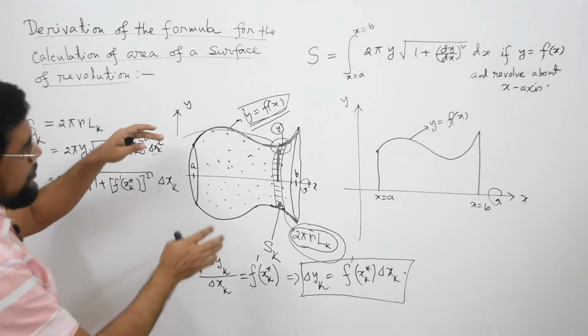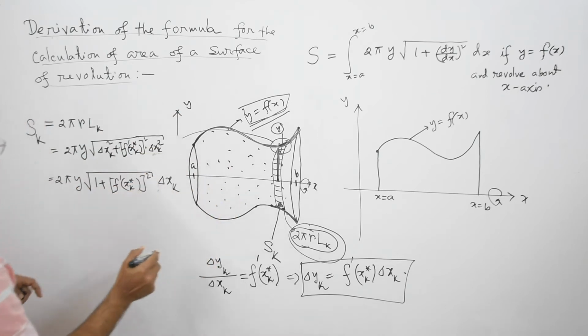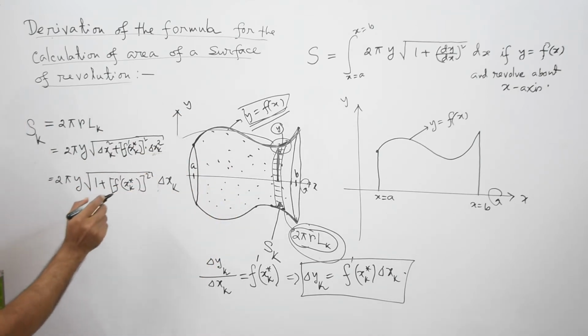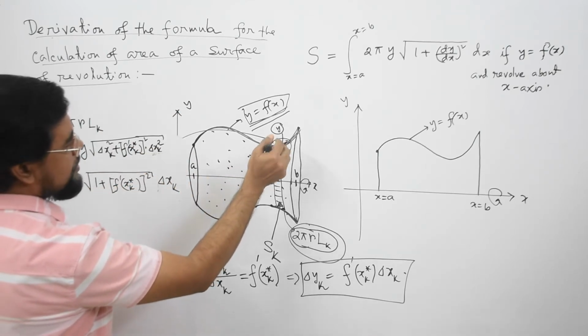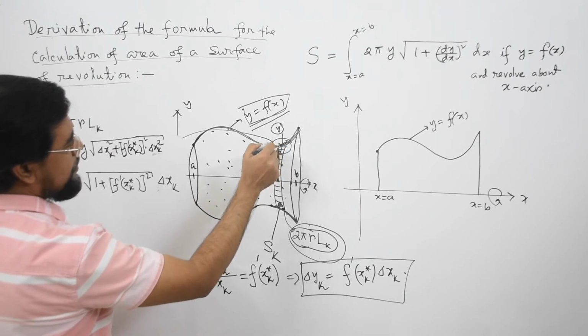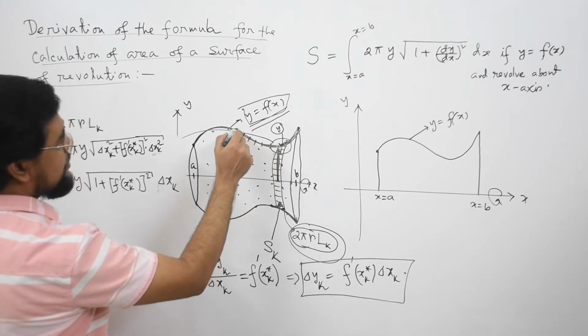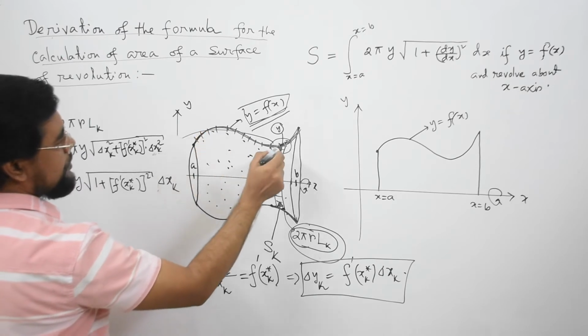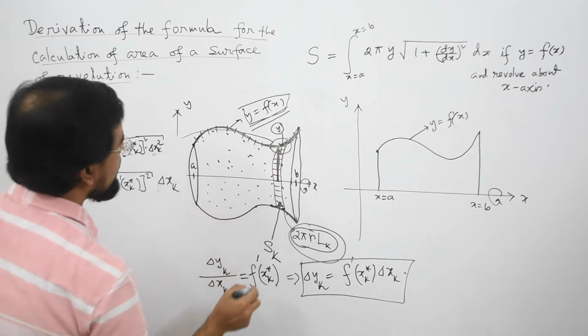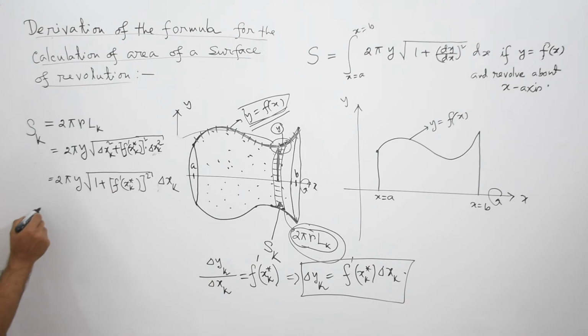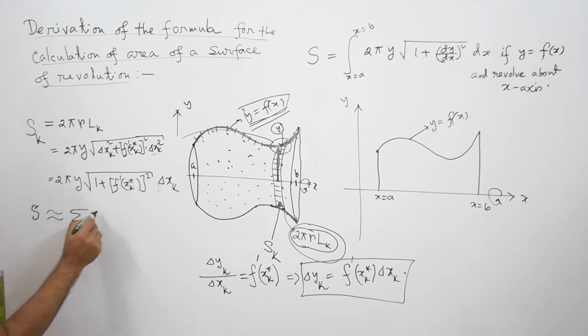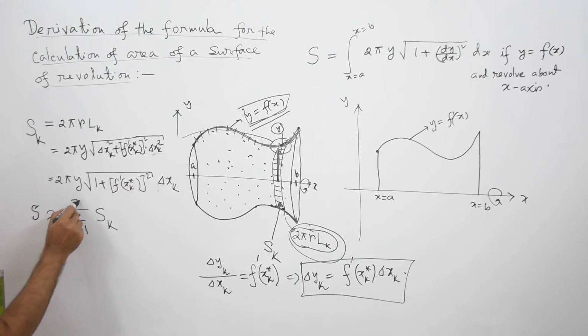So now if we want to know the area of the whole surface, then we should add all Sk for every small line segment. So let us denote the area of the surface of revolution by S, which is approximately the summation of all Sk, k equal to 1 to n.